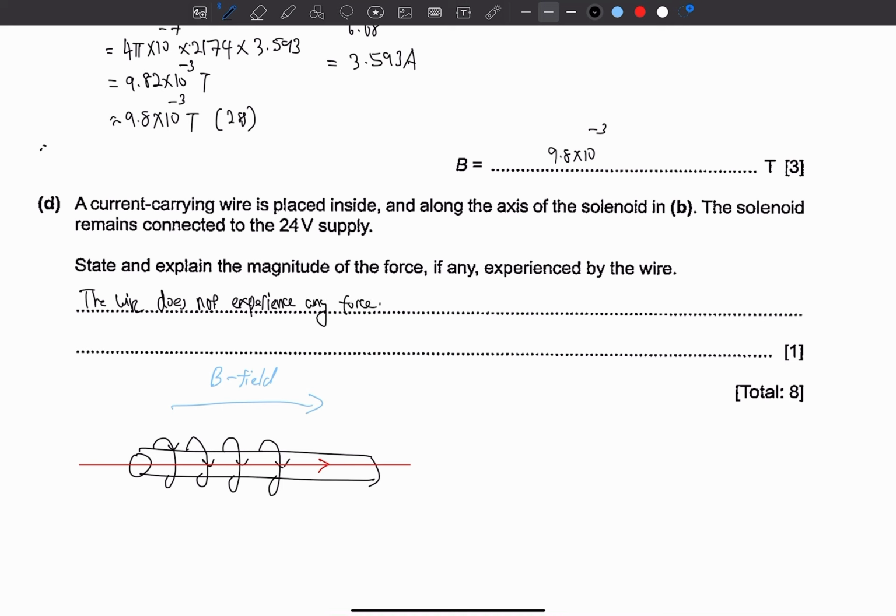It is because the B field and current in the wire are parallel to each other. Using the formula F equals BIL sine theta, since theta equals 0, F equals 0. That's it.